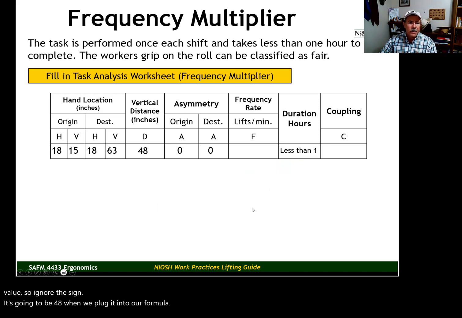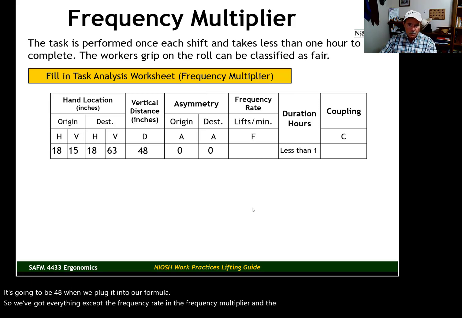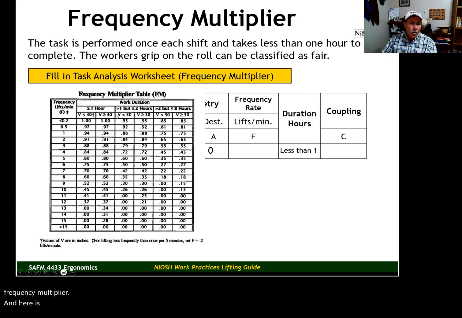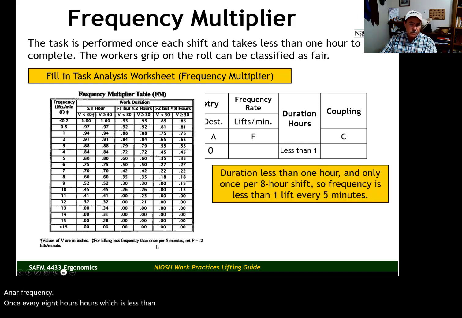Okay, so we've got everything except the frequency multiplier and the coupling multiplier. So let's look at the frequency multiplier. And here's the table we use. Our work duration is less than 1 hour, and our frequency is once every 8 hours, which is less than once per 5 minutes.